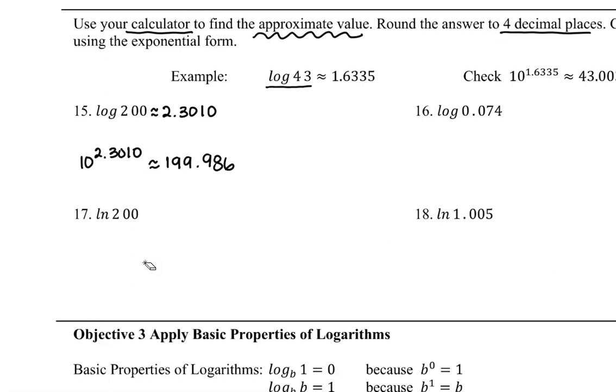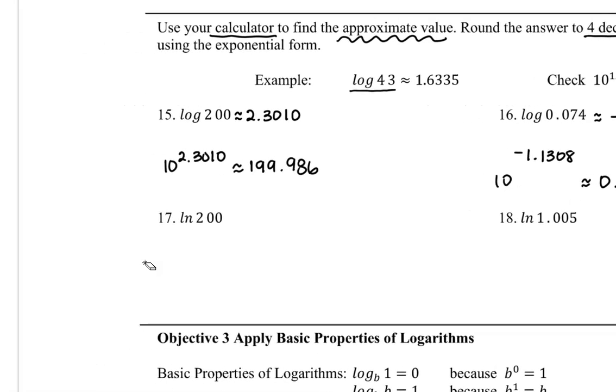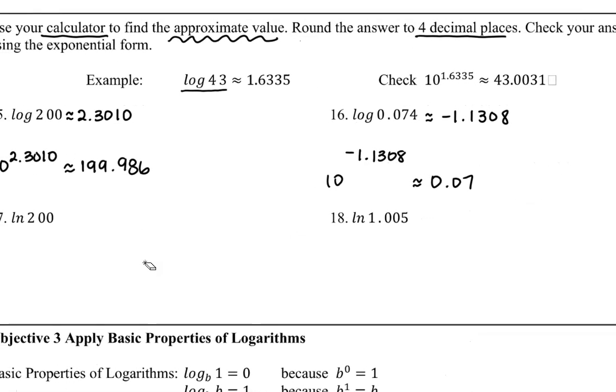Example 16, I'm evaluating log of 0.074 in my calculator. This gives me approximately negative 1.1308. And what that means is that if I were to take the exponent of negative 1.1308 and put it on 10, what we would get out would be something very close to 0.074. And I get out 0.073994.